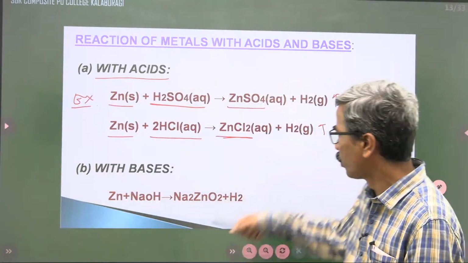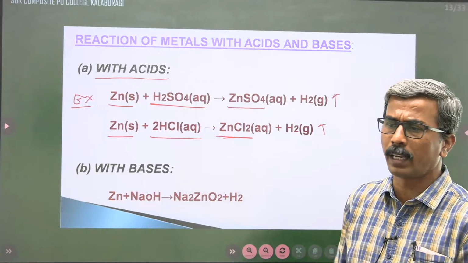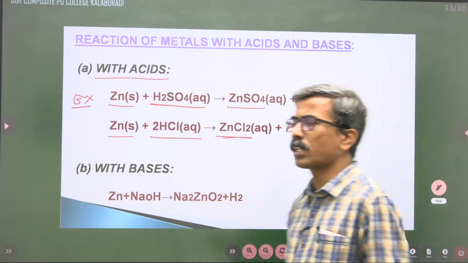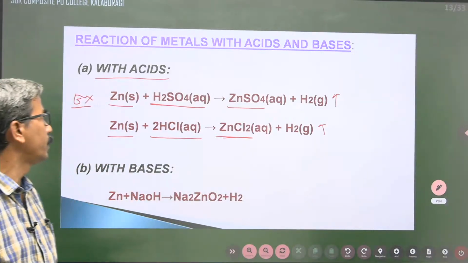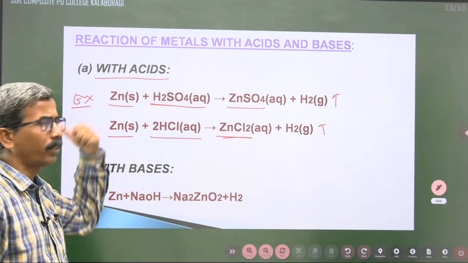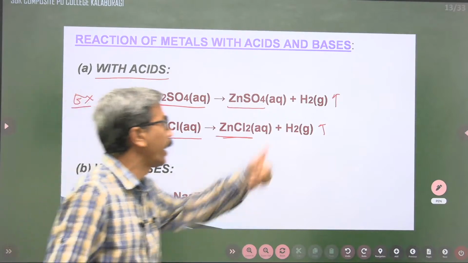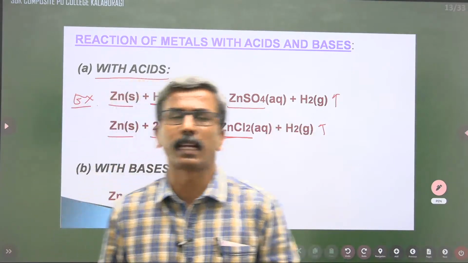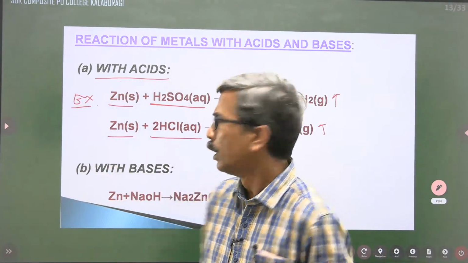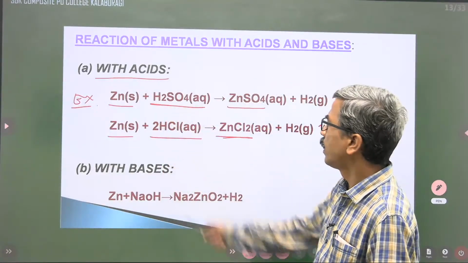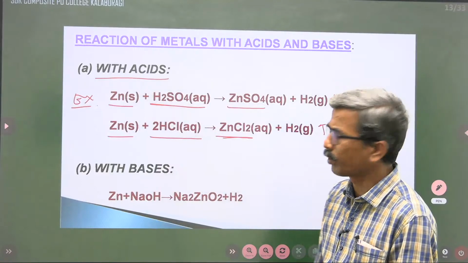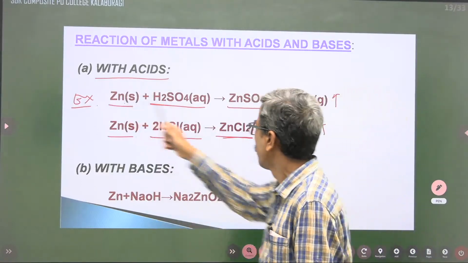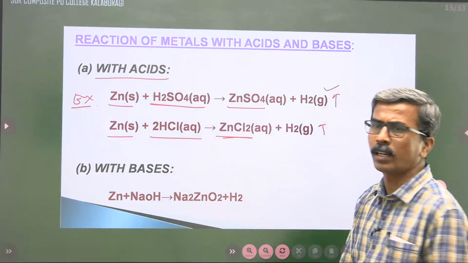Just before this reaction, in the beginning, I said most of the acids will react with metals and give hydrogen gas. Here, under chemical properties also, they have given how these acids react with metal and produce hydrogen gas.